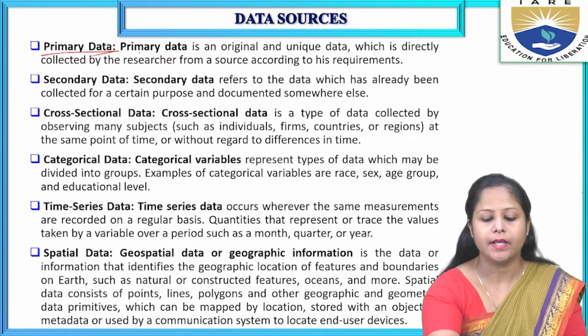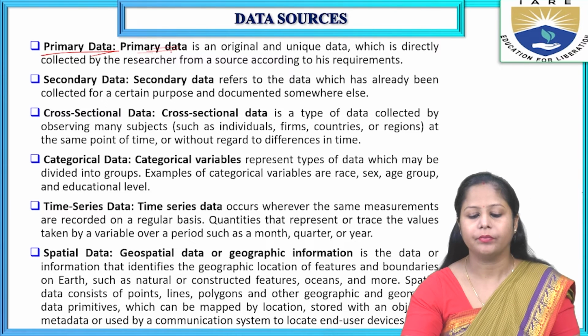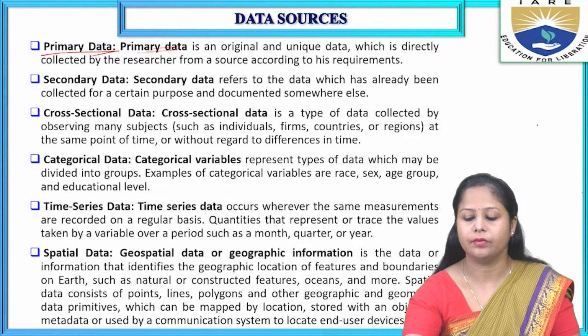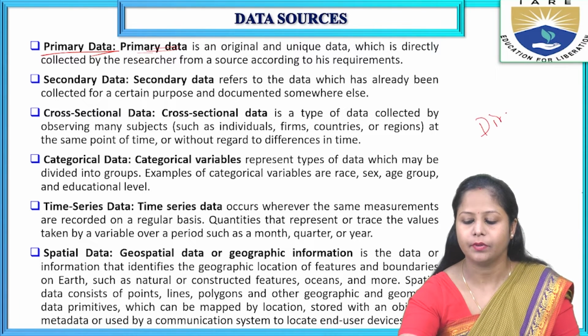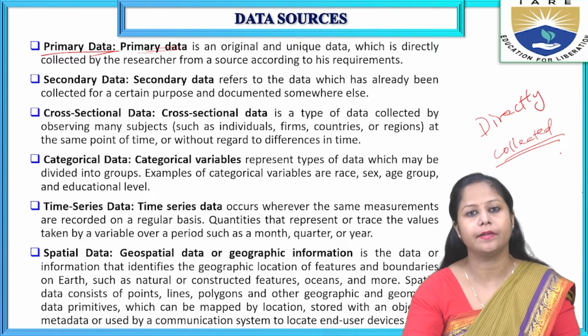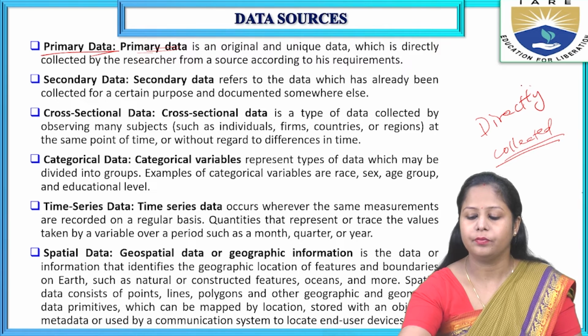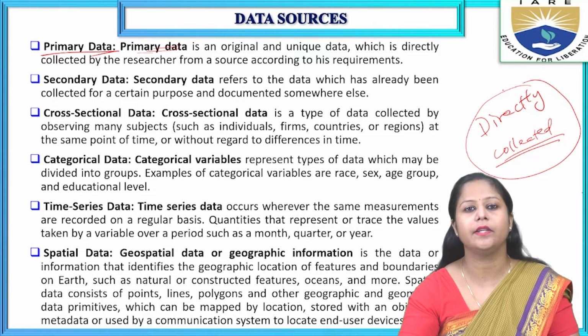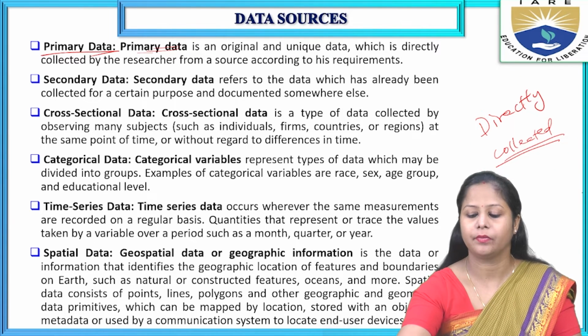So that data is very pure data which is directly collected by the person. So that is very authentic data. For his research purpose, the user requires that data, and he needs to collect that data.